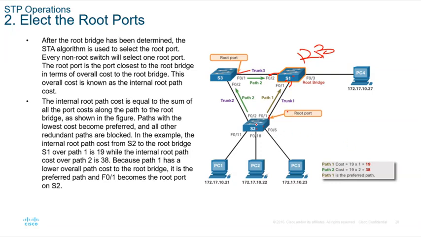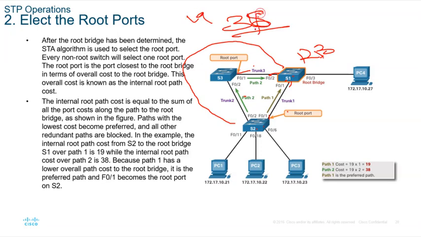But when it comes to this, as you can see, to go through two switches, we have 19 and then 19, meaning that this route here, the cost is 38. The other one is 19, so it's 38 from here through this to this switch. But here it is 19.